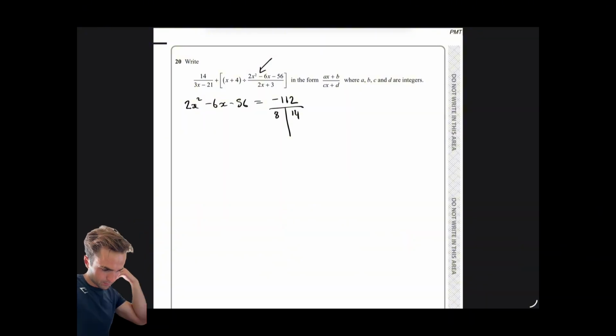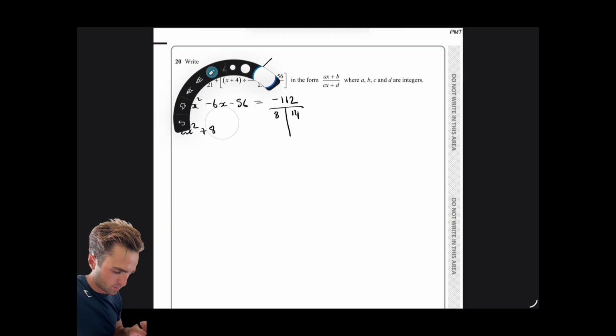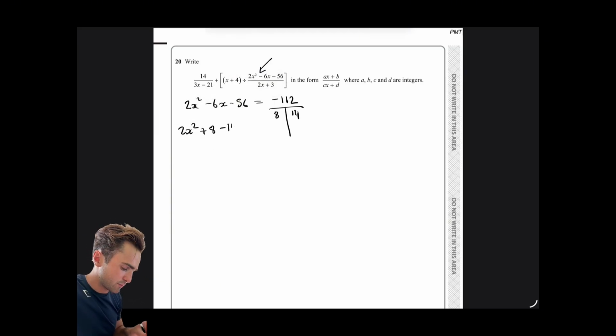They make 112 and they subtract from each other to make 6x. So we're going to have 2x squared plus 8x minus 14x. So 8 minus 14x is minus 6x, right? Minus 56.